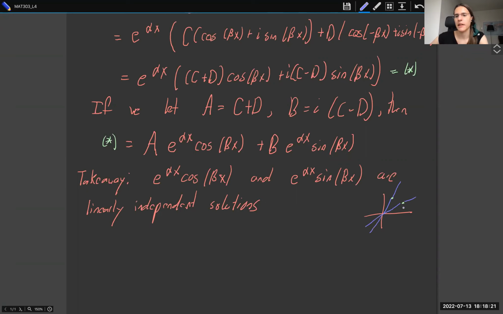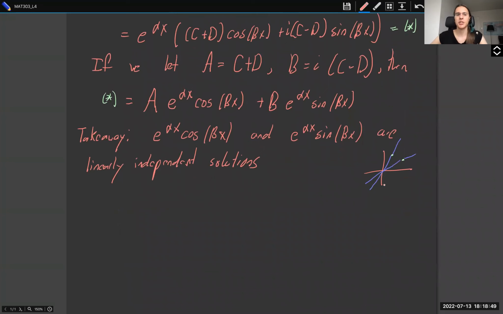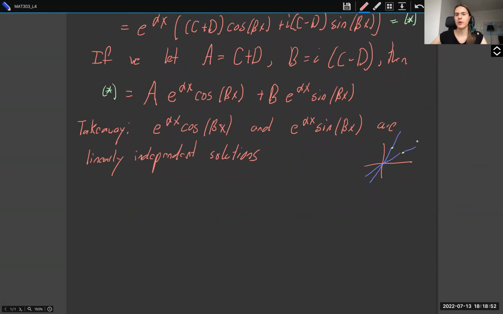These lines only intersect at 0, so you can't get this point on this line. Whereas in three dimensions, the statement would be that there is no plane through the origin containing all three points. But you could have three points not be on the same line, but still be in the same plane through the origin. So that's why the condition is more general in higher dimensions. But in two dimensions, it's just a matter of each not being a multiple of the other.